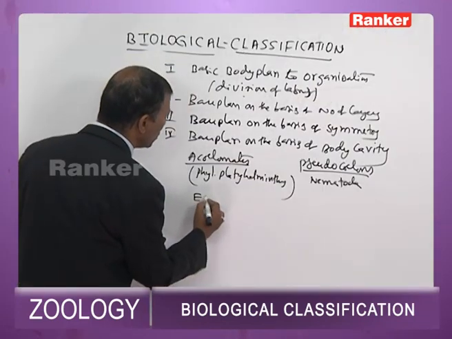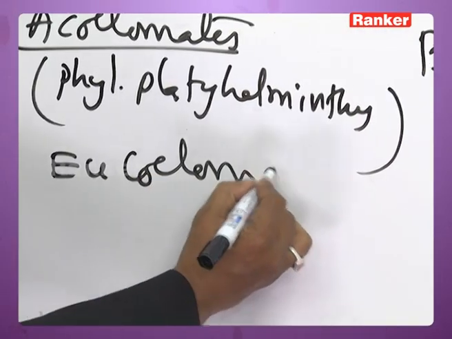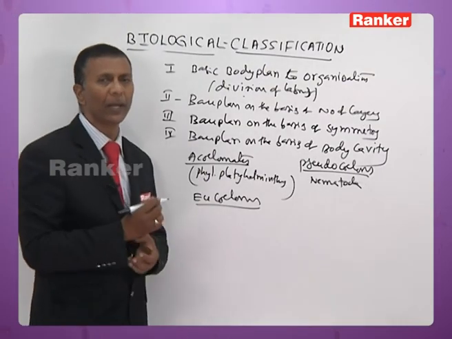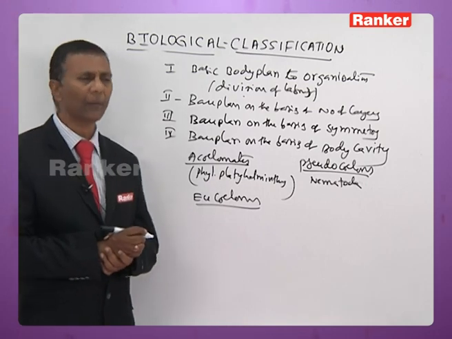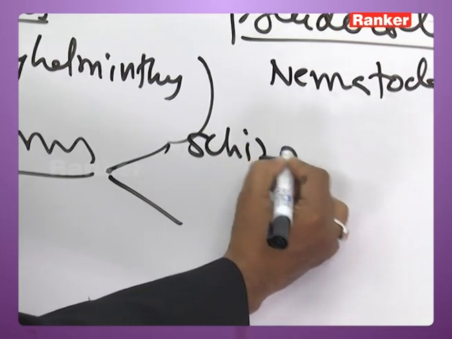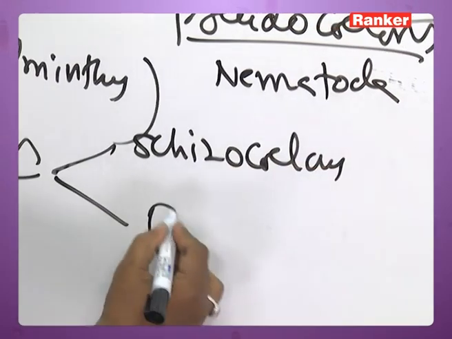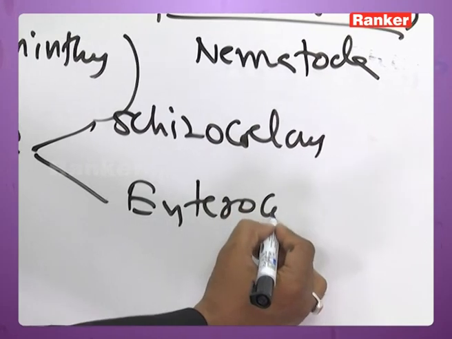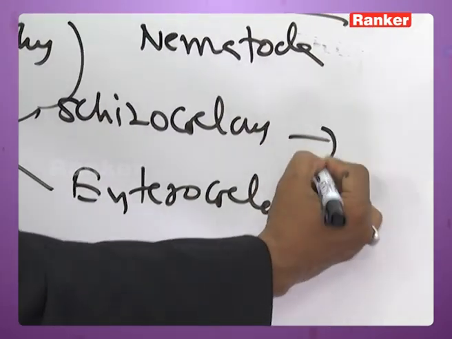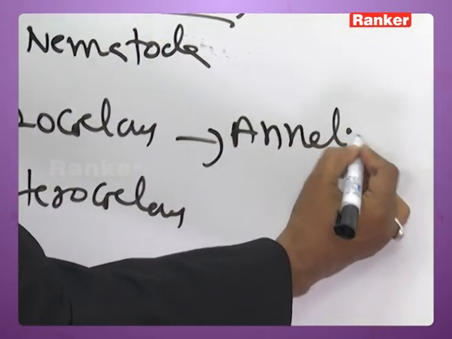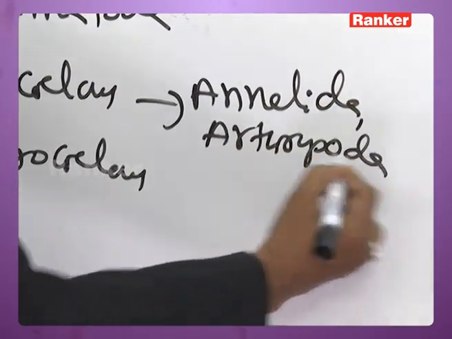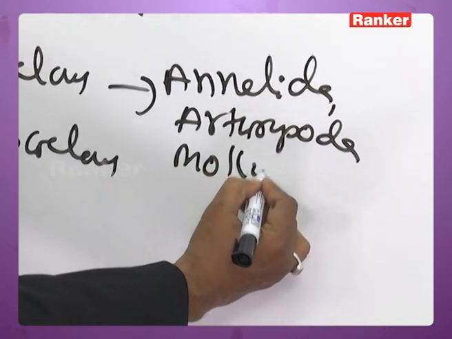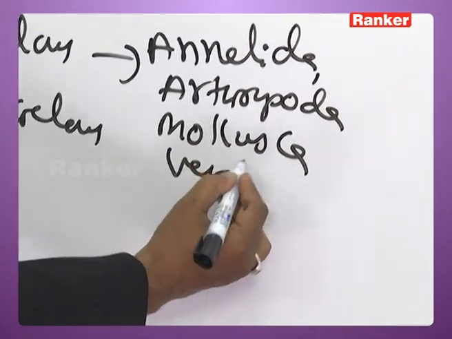Then next you have eucoelom, that is true coelom, a body cavity that lies between outer parietal or somatic layer and inner visceral or splanchnic layer. Eucoelom is again divided into two types, schizocoelom and enterocoelom. Schizocoelom is present in Annelida, Arthropoda, Mollusca and Vertebrata.